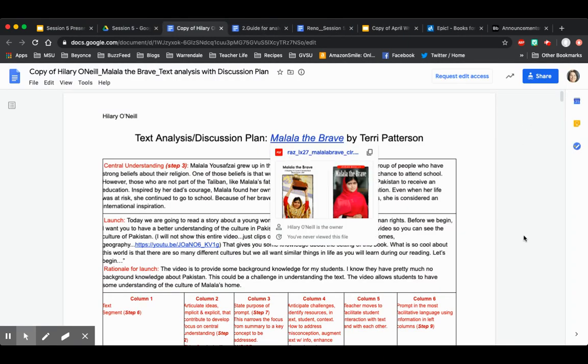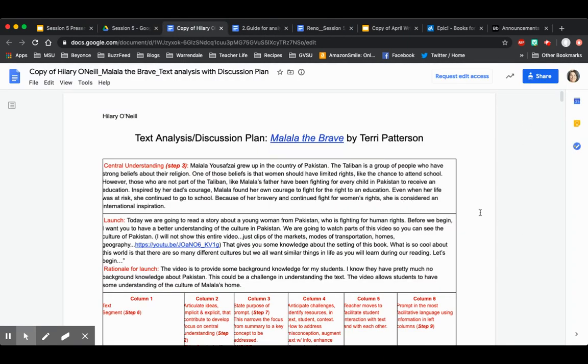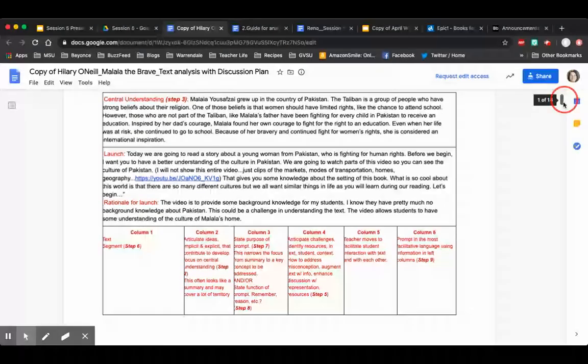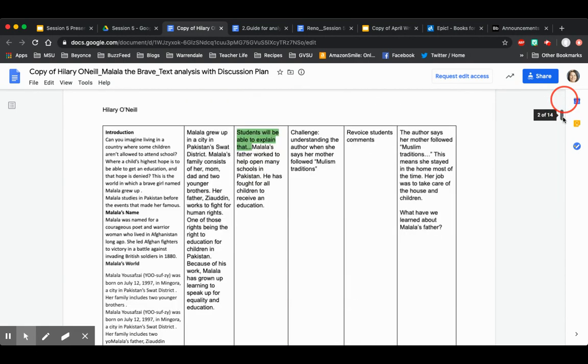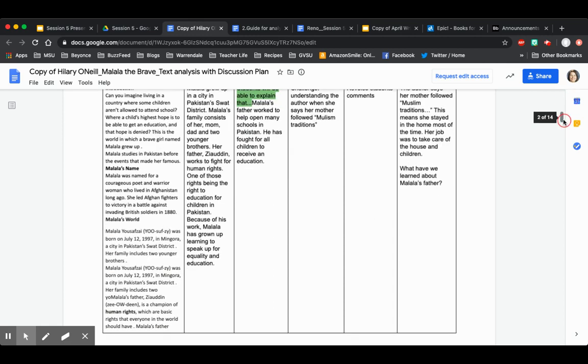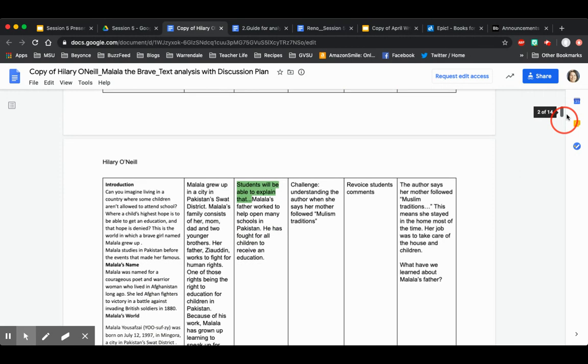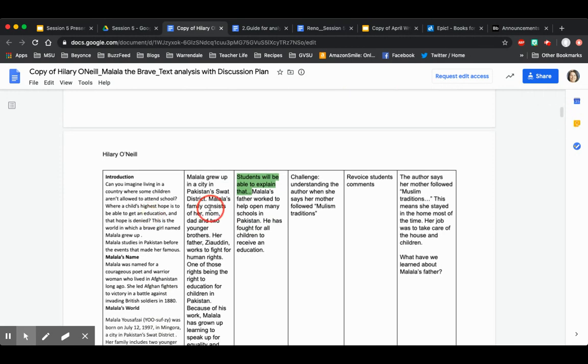And then here is my discussion plan. So I had my central understanding, which you've already read. The launch, you don't have to worry about that. That was something else that we did. And then here's my text segment, which is my summary of the segment.